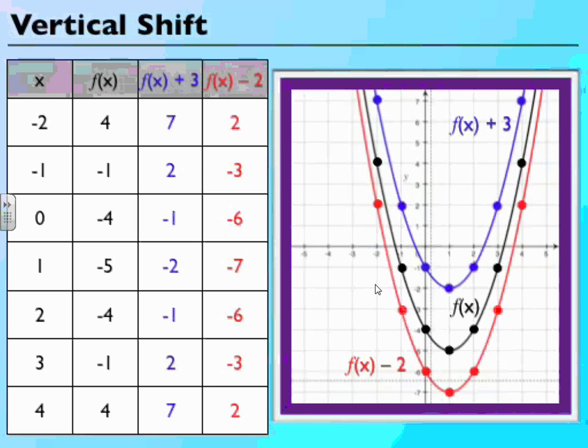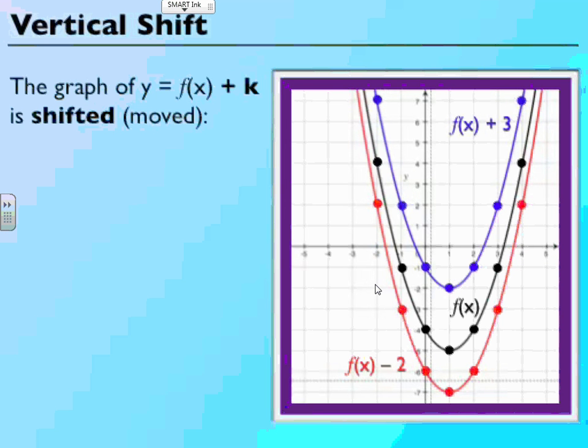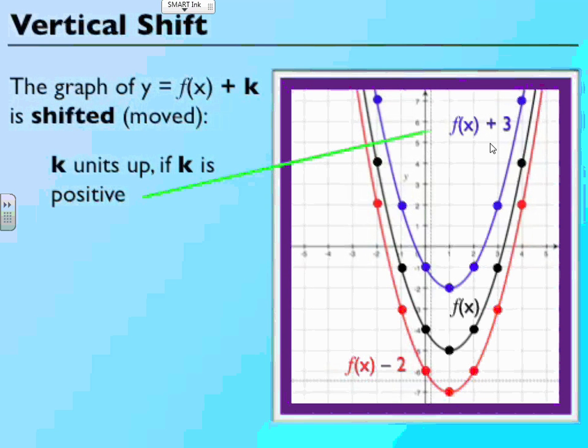Okay, moving on, let's write some rules. What are we observing happening here? So the graph of y equals f of x plus k, if we add k to it, it's shifted in a couple different ways. If k is positive, we go k units up. Like right here, all of our points move 3 units up because we have plus 3.